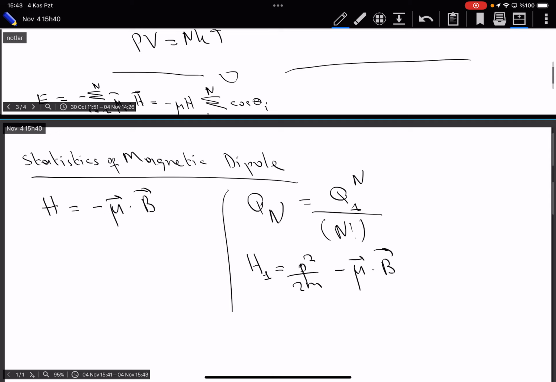So if you look at the degrees of freedom or the microstates of this system, the microstates of this single particle will be specified by its momentum, its position, and the orientation of the dipole moment.